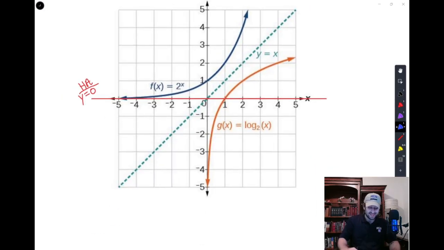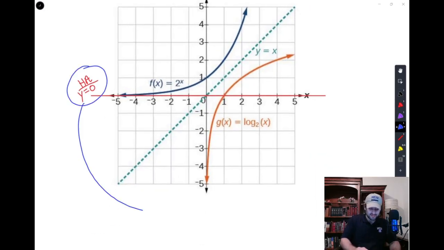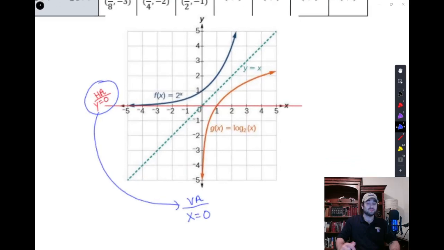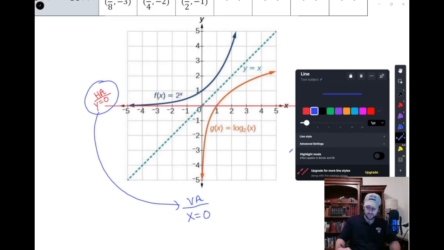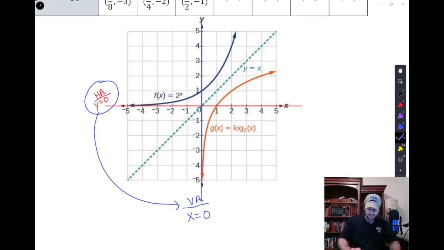So what used to be a horizontal asymptote, I'm going to switch out that y for an x, and now I've got a vertical asymptote at x equals 0. So what used to be a horizontal asymptote is now a vertical asymptote that the orange line is approaching. And that orange line is the inverse of the blue function, reflected across the line y equals x.